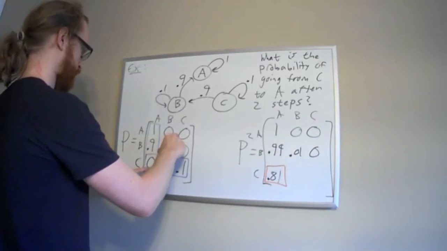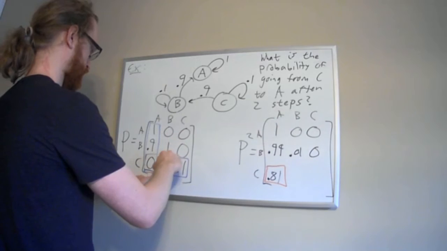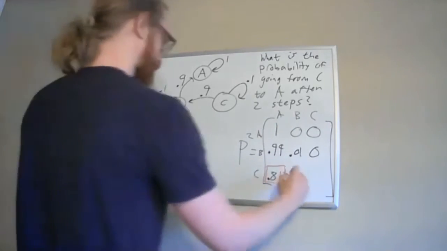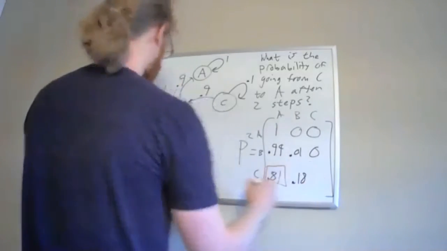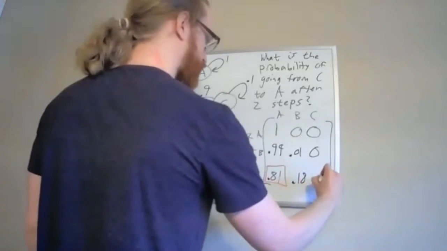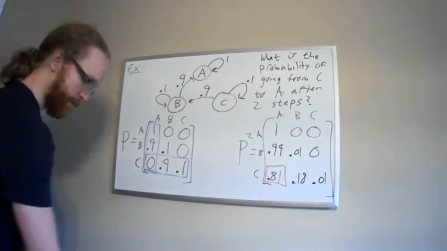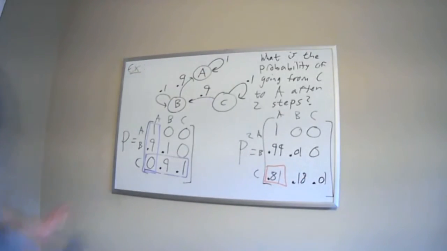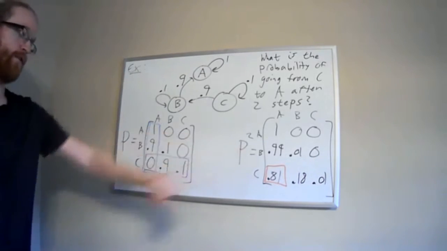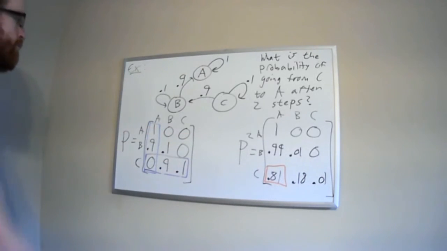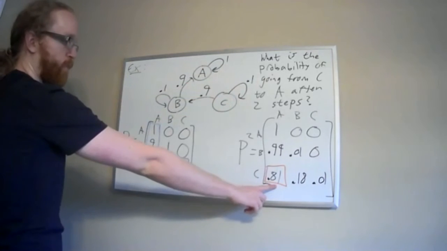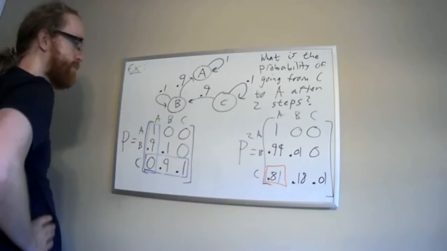And then 0.09, this is 0.18, and then 0.01. So this should be the rest of the matrix, just in case you want to see that, for completion's sake. If I were to multiply this out, the square of this, I should get this whole thing. But again, to answer this question, I'm only really interested in this number right here. Okay.